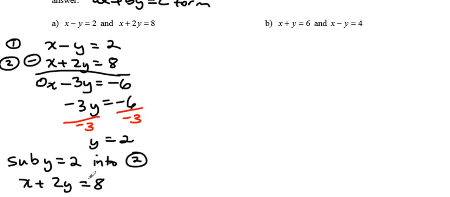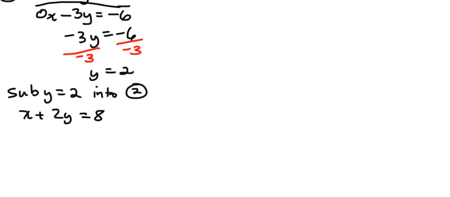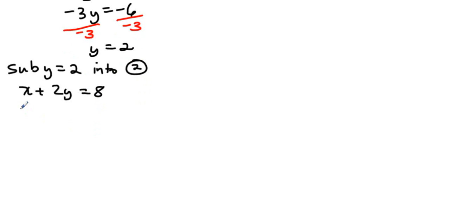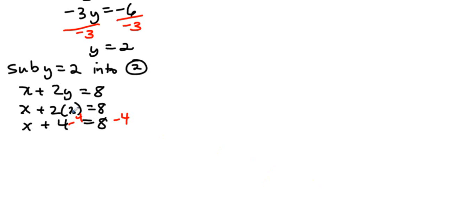And again, you're always going into the original equations to find your x value. So we don't know x, but we know y was 2. So we're replacing y with 2. So this is x plus 4 equals 8. And if I just subtract 4 on both sides, right, I end up with x equals 4.